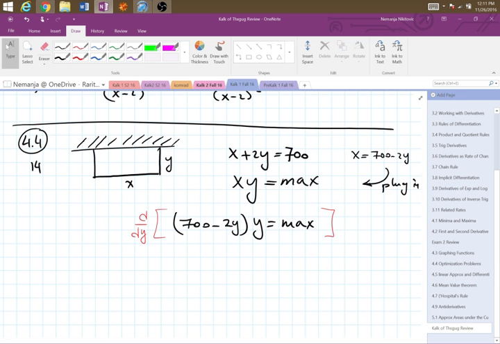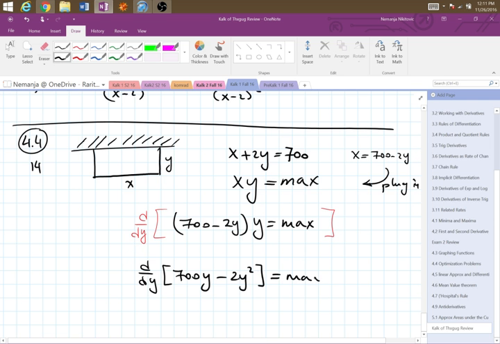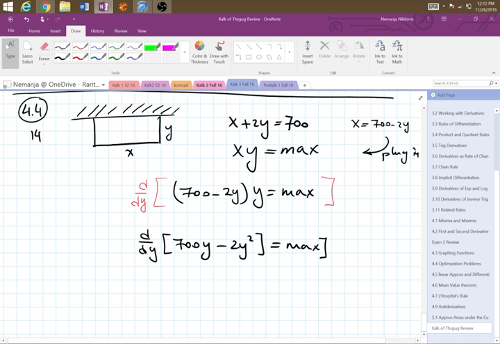You differentiate in terms of whatever variable you have, in this case y. So we have d/dy of 700y minus 2y squared equal to a max. The derivative of 700y is 700 minus 4y, equal to 0. That area is some number.